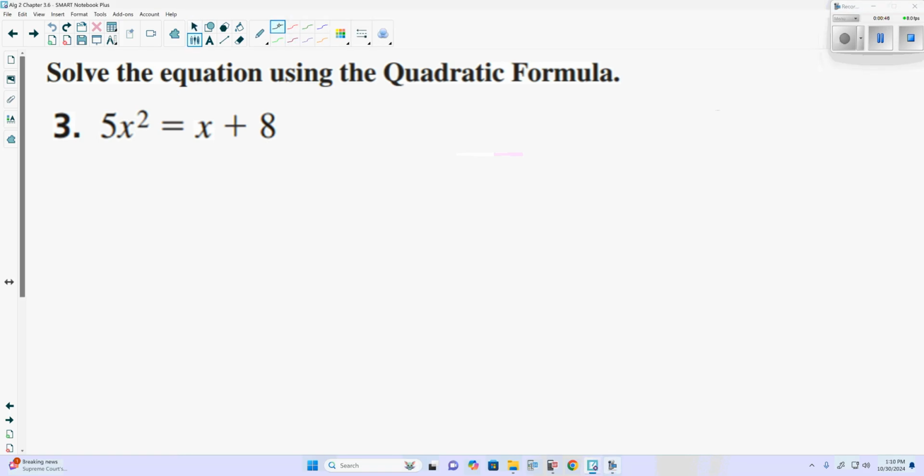All right, guys. This is where we left off yesterday, using the quadratic equation, or quadratic formula. 5x squared equals x plus 8. We need to get this equation equal to 0 for us to be able to use the quadratic equation. So what can we do to get this equation equal to 0?